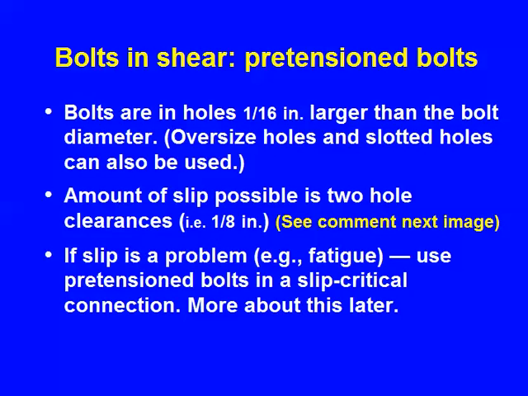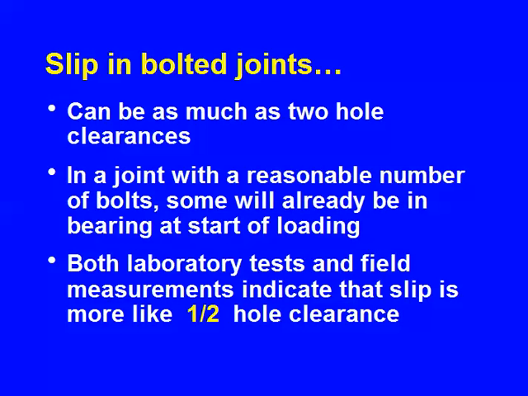So slip in bolted joints, as I've said, can be as much as 2 hole clearances. In fact, when you put that joint together, some bolts end up in the middle of the holes, some are on the right-hand side, some are on the left-hand side. That's the way it happens. You never get 2 hole clearances of slip.